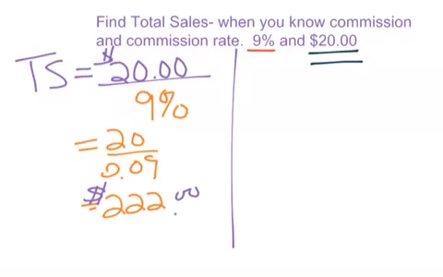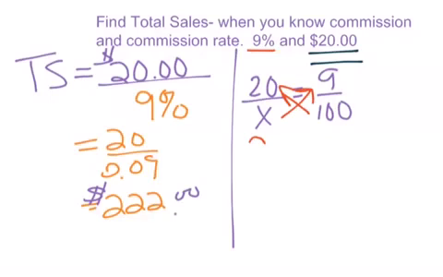All right, let's do the proportion method. So we're going to do amount of commission, which is 20, over total sales, which is what we don't know, equals 9 out of 100. So we're going to cross multiply here and here. We're going to get 9x equals 2,000.